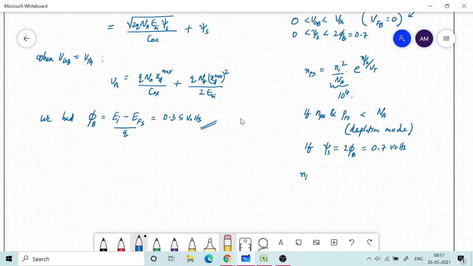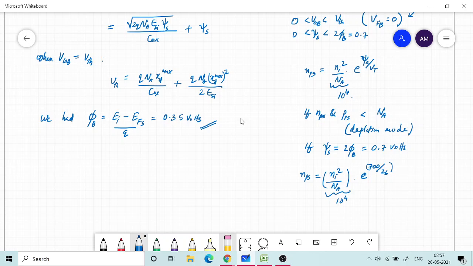NPS is basically equal to Ni square by Na, which is again 10 raised to 4, multiplied by e raised to now 0.7, or 700 you can say, if I write it in millivolt, 700 divided by 26. Okay, so this is going to be a huge number.